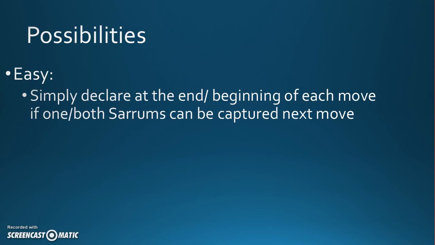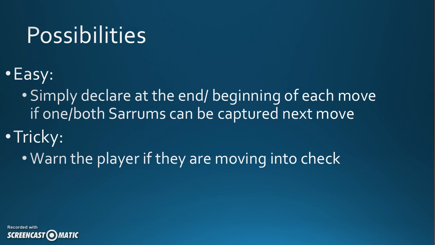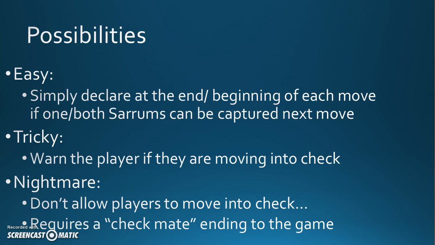I have coded some slightly trickier ones so that you get warned if you're moving into check, and the really interesting one where you don't actually allow a player to move into check. So just like you check a valid move, you also check for potential check. However, that is not too hard to code, but it makes the game unplayable because effectively you can never capture the Sarrum.